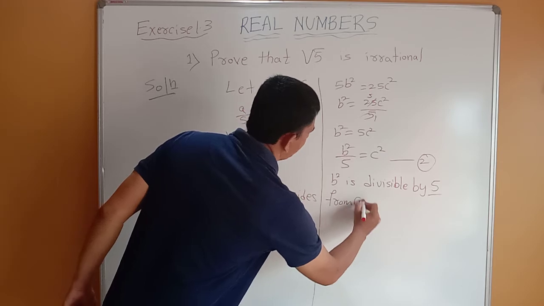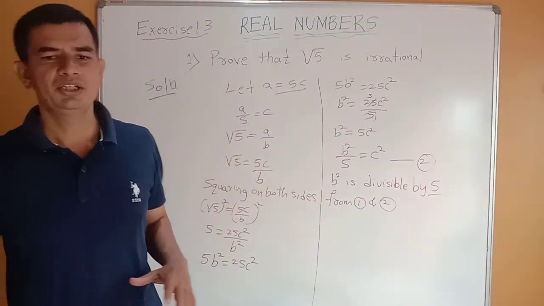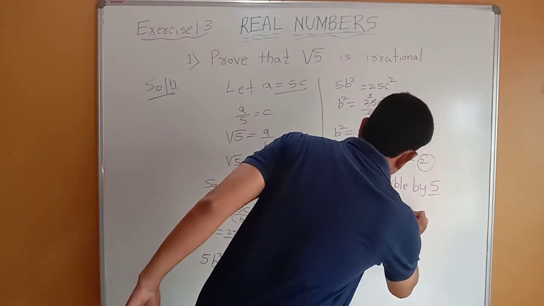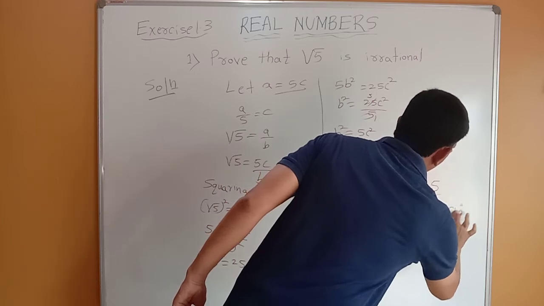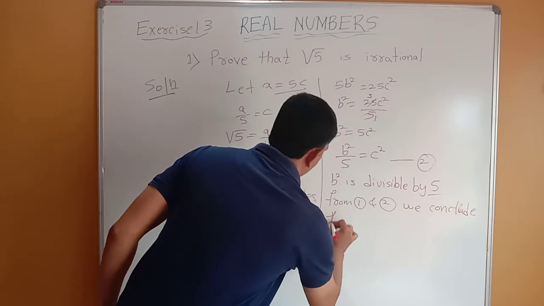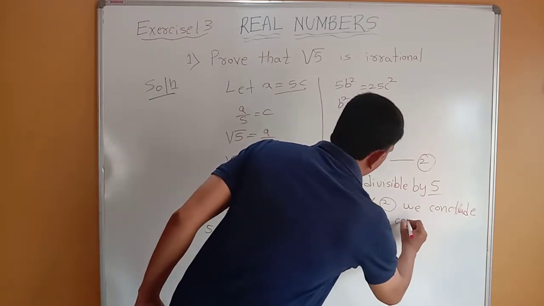From 1 and 2 equations, what we can say? We conclude that 5 is the common factor.